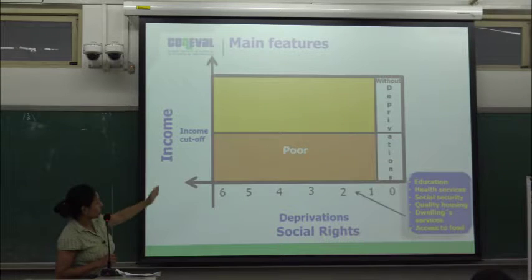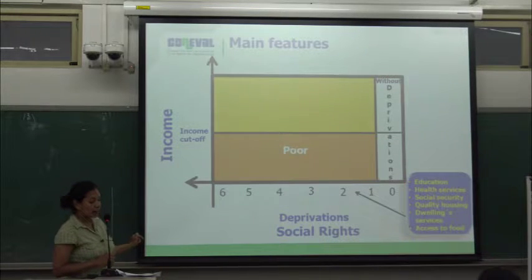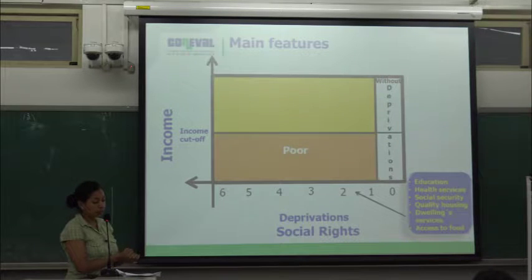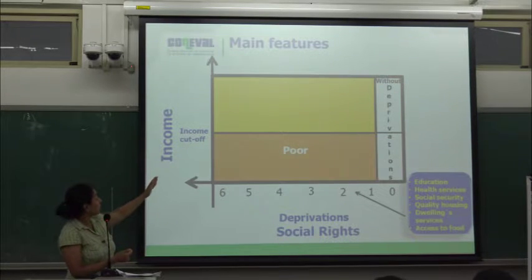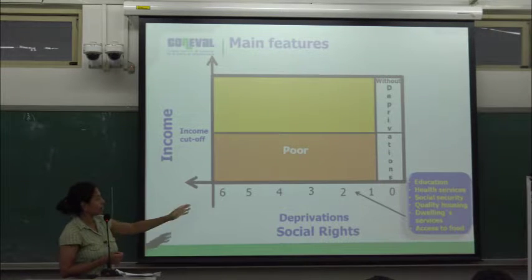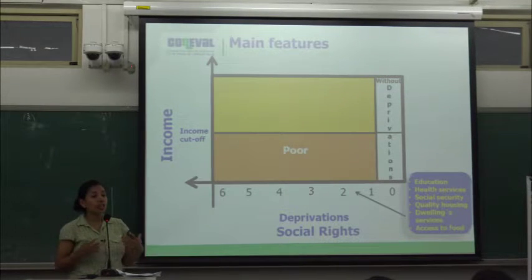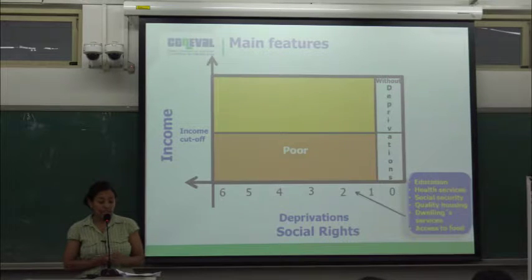So income is on the vertical axis of this graph, and if he or she experiences one or more deprivations defined in social rights. As you can see, implicitly there is a 50% weight on the dimension of income, and the rest of the weight is divided between 6 social rights. And the social rights are based on the constitutional rights.